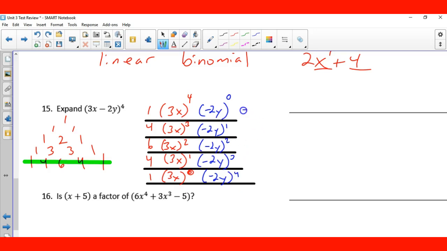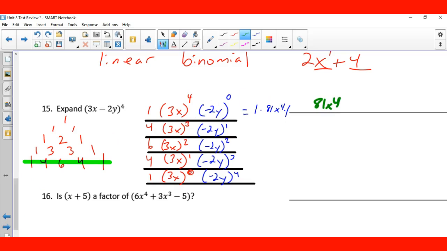So now here we go. We got 1 times 3x to the 4th. 3x to the 4th is 81x to the 4th, times 1. So that's going to be 81x to the 4th.